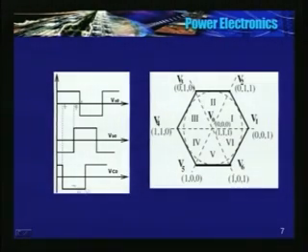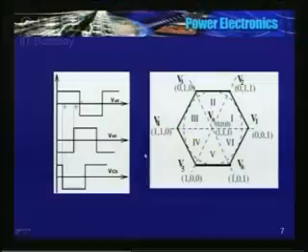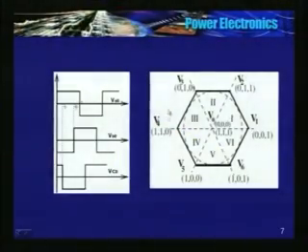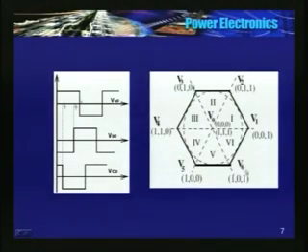So even if I use 180 degree conduction, in other words each device is conducting for 180 degrees, for each position I have a space vector whose magnitude remains the same, but the position shifts by 60 degrees.